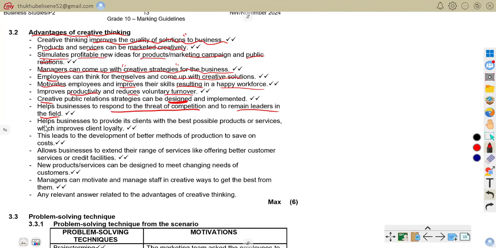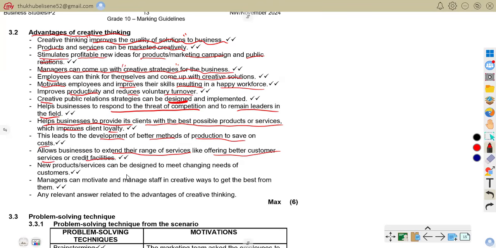It helps the business to provide its clients with the best possible products or services, which improves what? Client loyalty. This will lead to the development of better methods of production to save on cost. It also allows business to extend their range of services, like offering better customer service or credit facility.